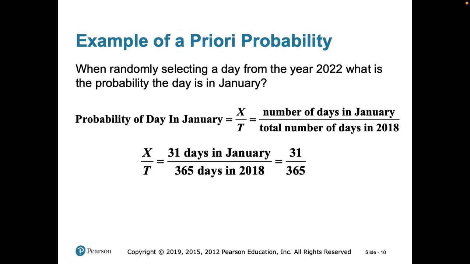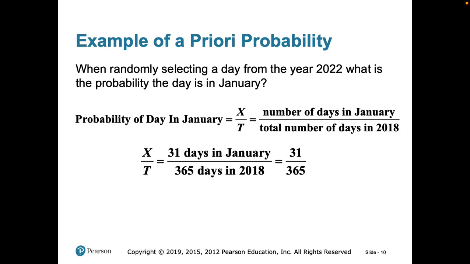So let's discuss a priori probability. Again, this is based on prior knowledge. When randomly selecting a day from the year 2022, what is the probability that the day is in January? Based on prior knowledge, we already know the number of days that we have in January.